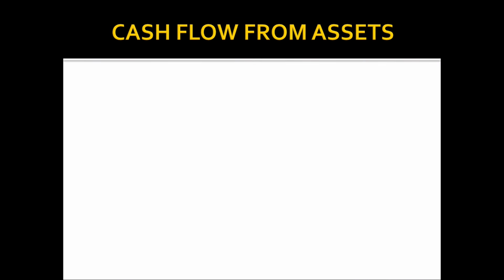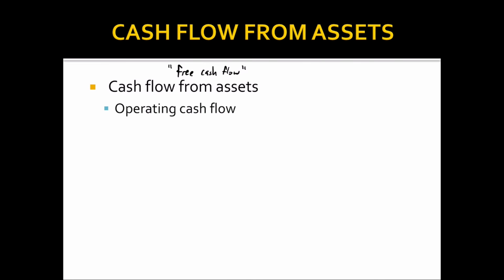So first, let's focus on cash flow from assets. Cash flow from assets is also called free cash flow. It is called free cash flow because the company is free to distribute it to creditors or to shareholders. Cash flow from assets involves three components. The first is operating cash flow, which is cash flow that results from the firm's day-to-day activities of producing and selling.